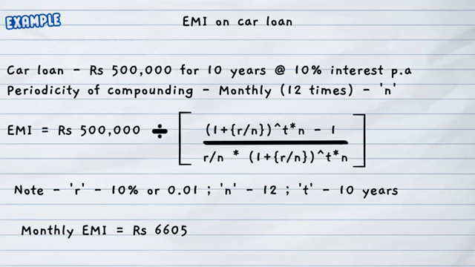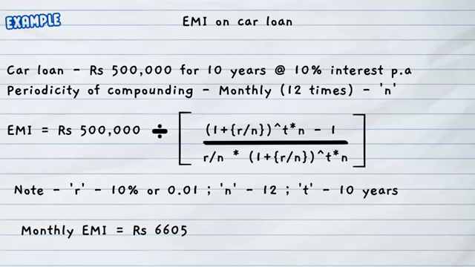It would be rupees 5 lakhs divided by the annuity factor for these EMIs. So this might look a little humongous, the formula here with all this. But when we actually put pen on paper and write it down, it becomes very simple when we do it a couple of times.